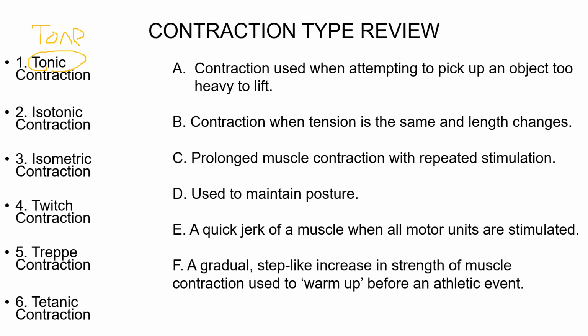So look at all these different answer choices, and what you'll arrive at is A doesn't look that great, B looks a little funny, C's not quite right, D, that looks pretty good. Maintain posture, right, with tone. So we talked about sitting upright or standing upright or walking. These muscles are undergoing something called a tonic contraction. So what we'll do is put D for number 1.